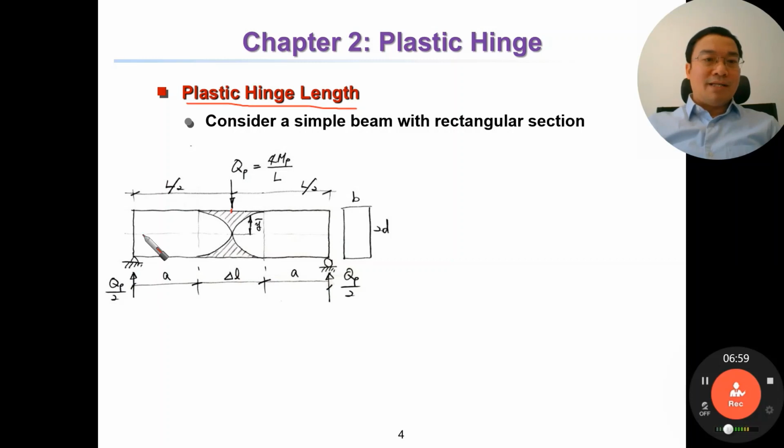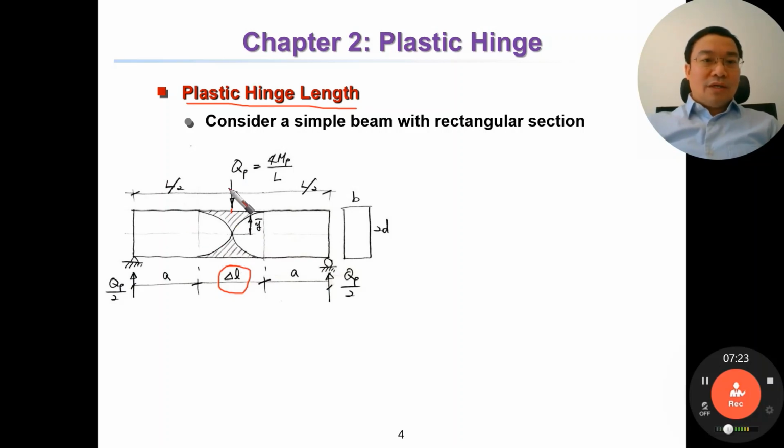The beam has length of L. Then we are going to calculate the length of the plastic hinge. So here, this one is the plastic zone.